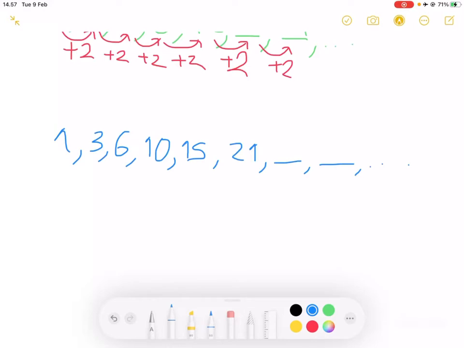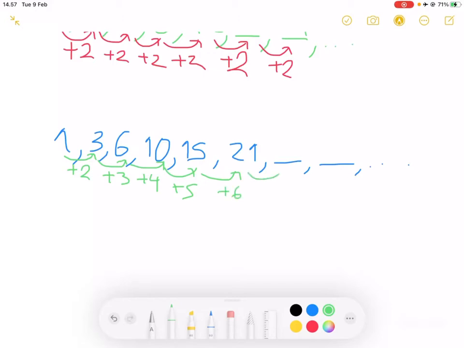Okay, notice that the difference between 2 consecutive terms changes throughout the sequence. The difference in this case is 2, and after that the difference will be 3. The difference after this will be 4, and then 5, and then 6.